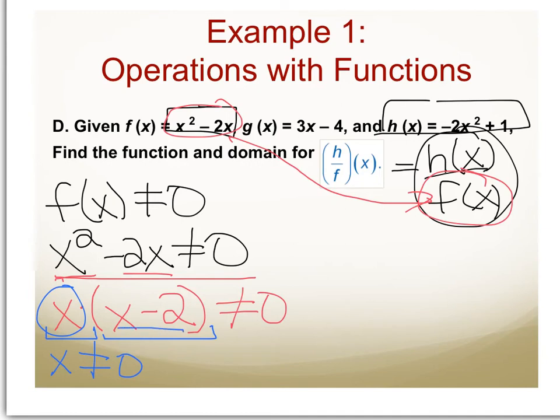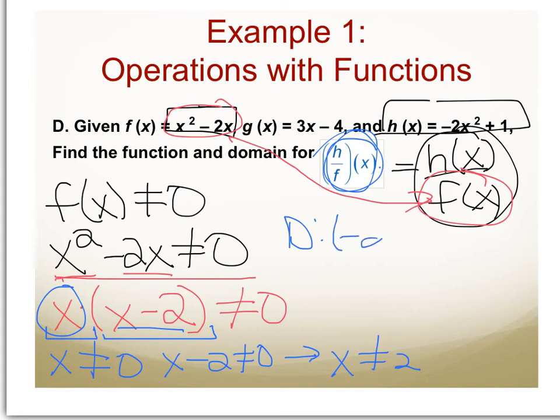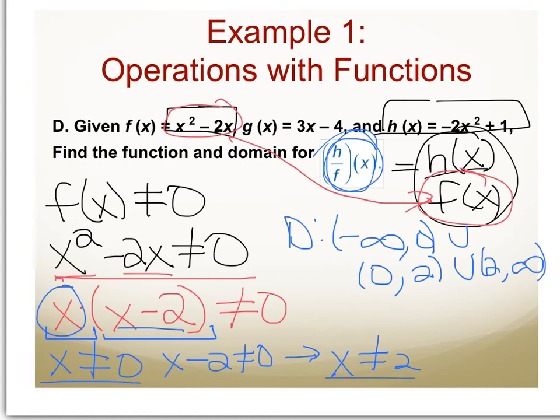And for this factor, x minus 2 cannot equal 0, which implies that x cannot equal 2. So I know that the quotient function has a domain of negative infinity to 0, union 0 to 2, union 2 to infinity, because I cannot include 0 or 2.